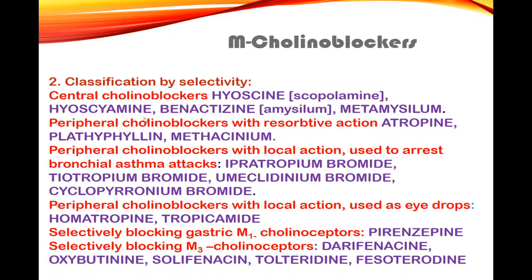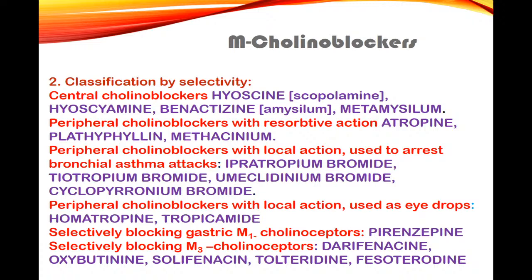Next group. Peripheral cholinoblockers with resorptive action. Atropine, platyphylline, metacinium. They are used for influence on different organs: exocrine glands, smooth muscles, and heart.